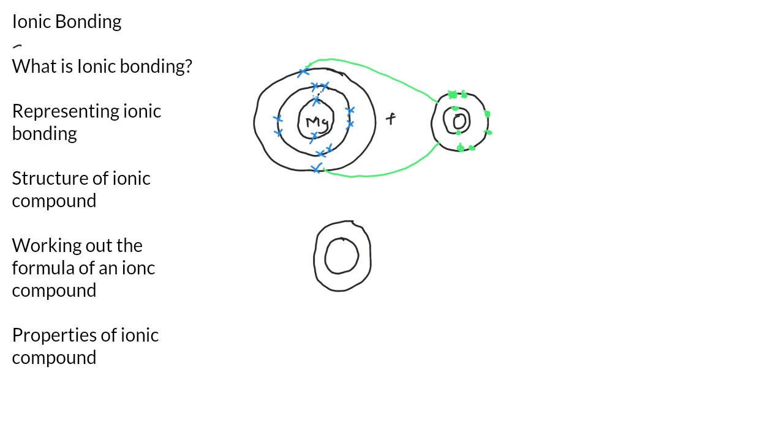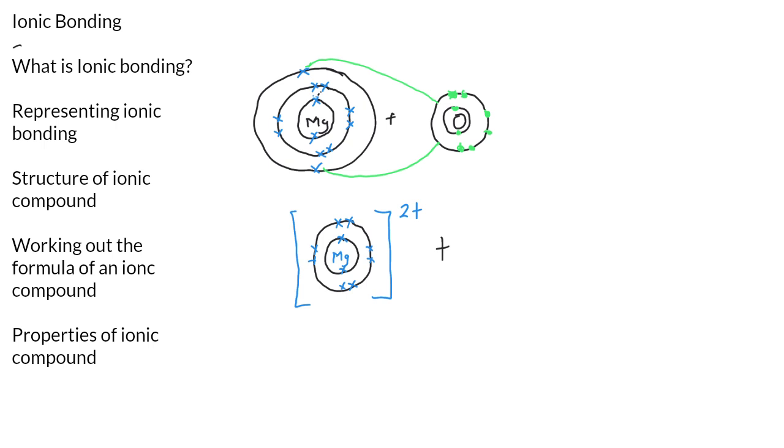Okay, so we have our magnesium and 2 electrons inside. Now 8 electrons in the outermost shell. And remember, we have to show now that it has lost 2 electrons, and we are going to write that as 2 plus.